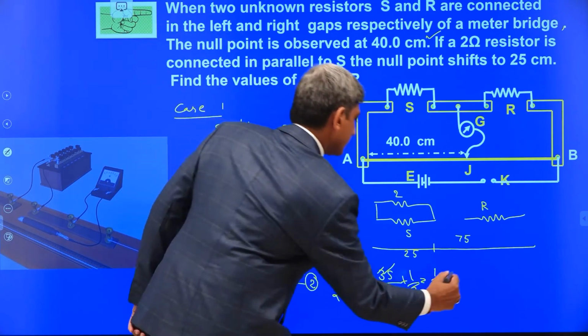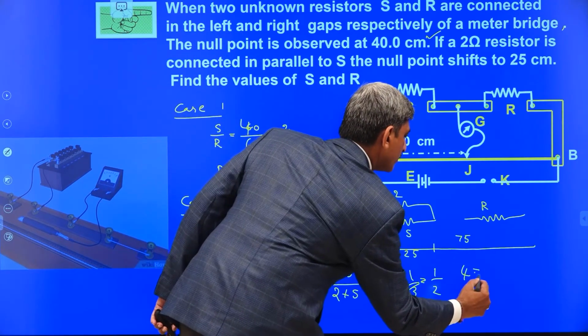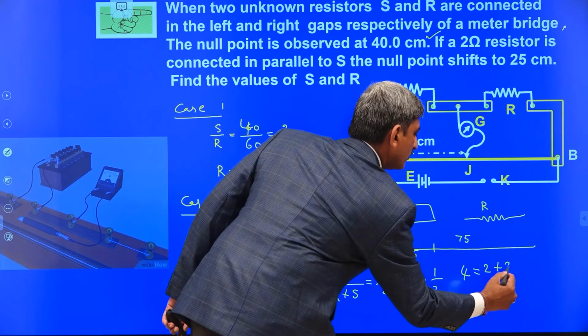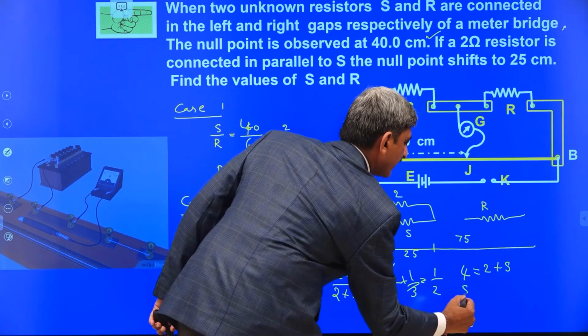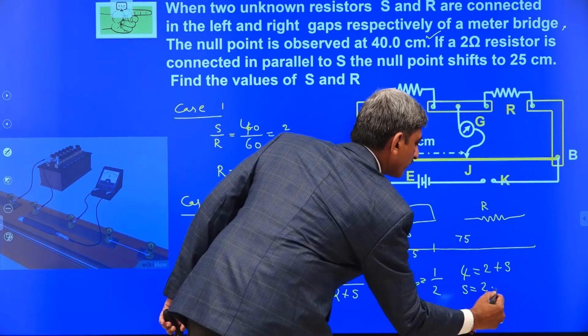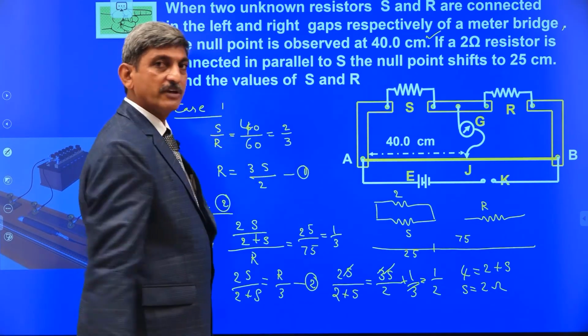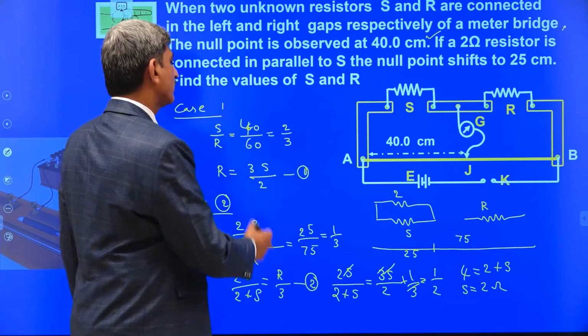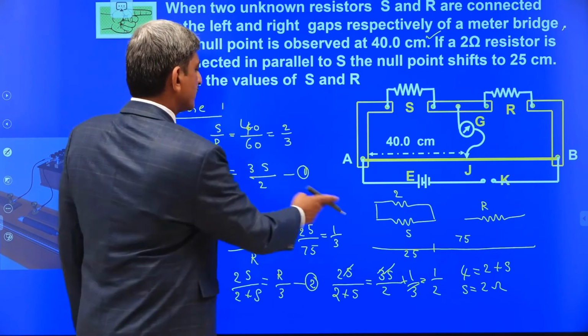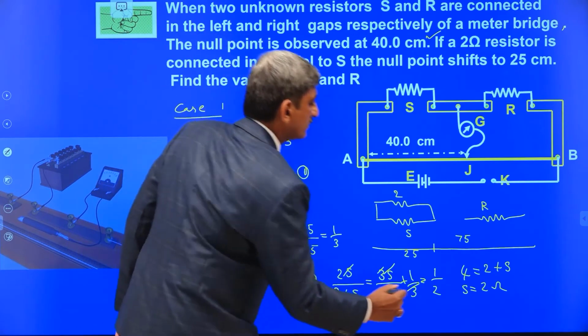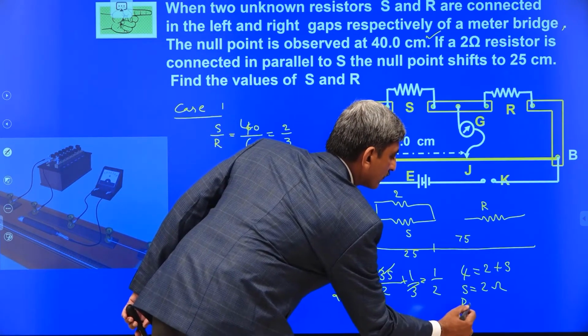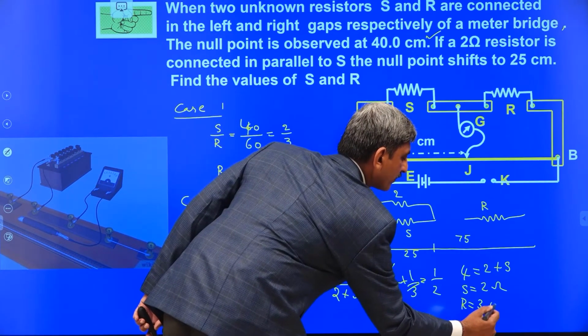From this we can write 4 is equal to 2 plus S. From this we can write S is equal to 2 ohms. If we get S value, we can find out R value from equation number 1. So by substituting S value in equation number 1, we have R is equal to 3 ohms.